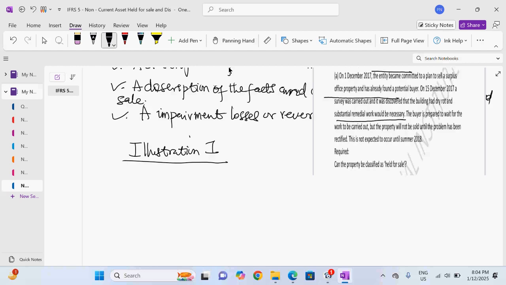Which of the conditions can we relate to this statement? The first one, you said: the asset is available for sale immediately in its present condition. Exactly. Because the asset is not available in its present condition, we cannot classify it as an asset held for sale.